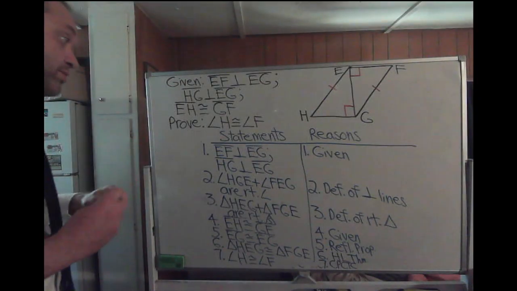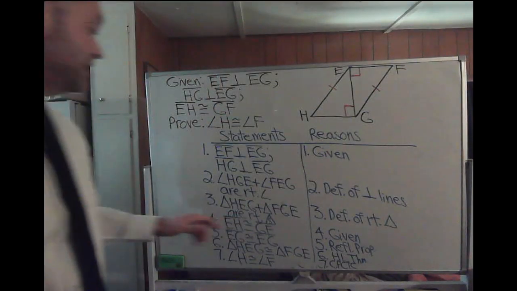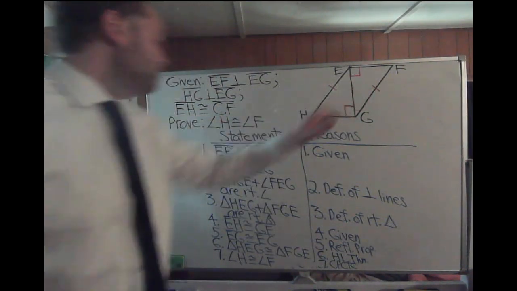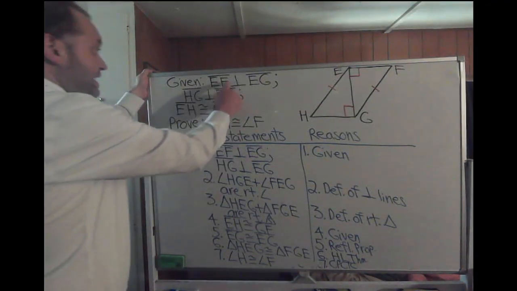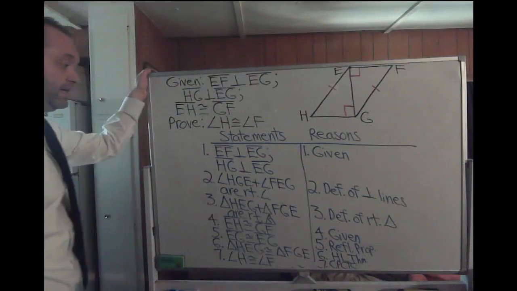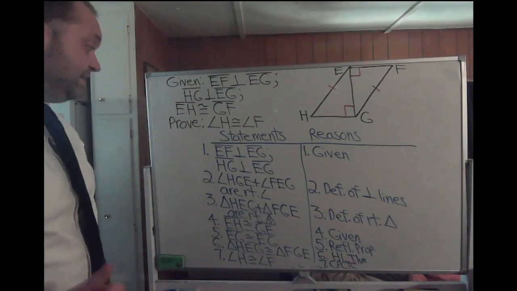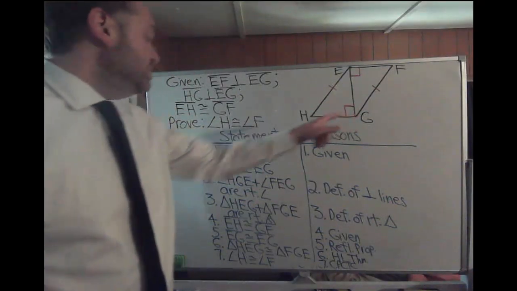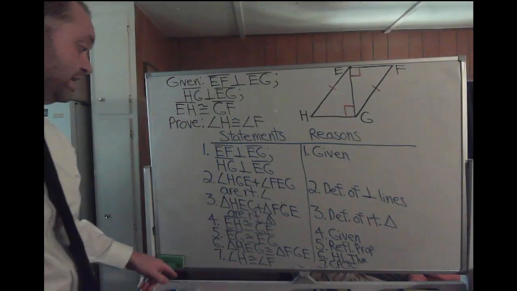Alright, so let's go through this proof real quick. So we have two right triangles side by side, triangles HEG and FGE. What they tell us here is that EF is perpendicular to EG and HG is perpendicular to EG. We use that for statement 1 for our given information. If that's the case, then that means angles HGE and FEG are right angles by the definition of perpendicular lines.